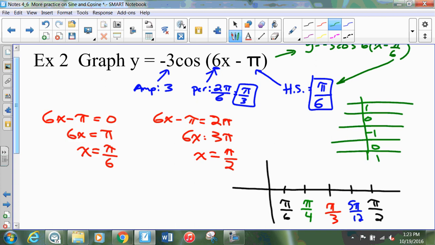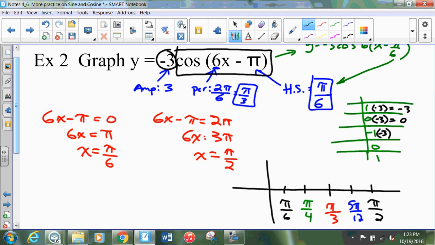Now, if we just had this part, if it said y equals cosine of that, we would be done. We'd plot those points. But this says times negative 3. So I have to take each one of these and multiply it by negative 3. Here are the points that I need to graph.